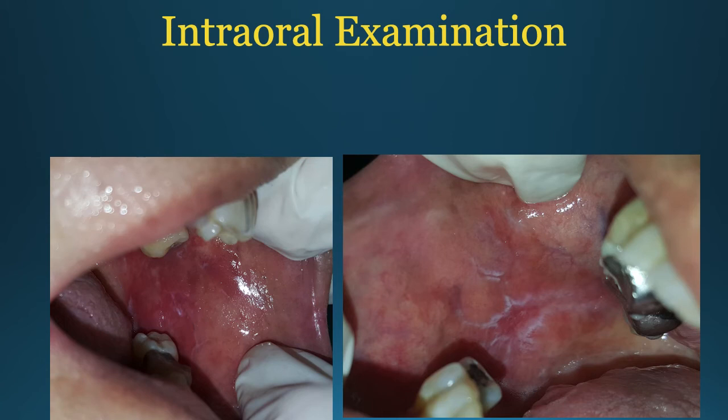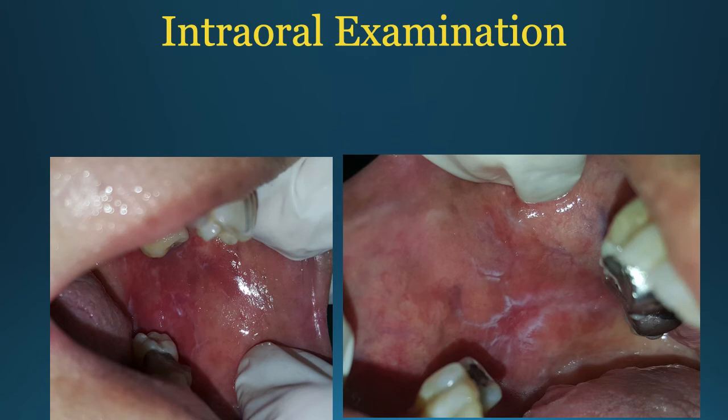If you remember, the patient was complaining of hypertension, and the patient was on Concor, a drug for hypertension. So the patient was receiving antihypertensive drugs, and this could cause a lichenoid drug reaction. So it could be put in the differential diagnosis.